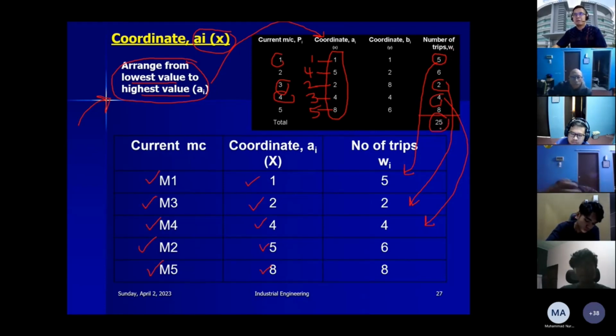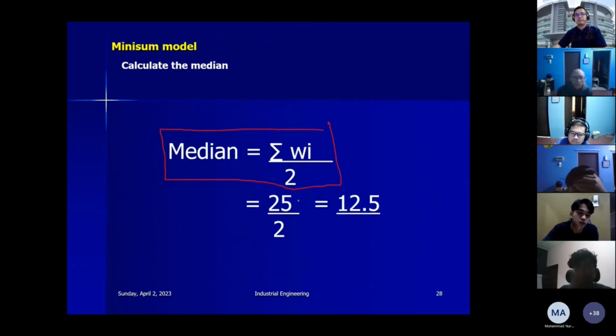So to calculate the total number of trips, 5 plus 6, plus 2, plus 4, plus 8, we get a total of 25. We put 25 here, divide by 2, and we get the median of 12.5. This is our base reference to determine the new X star and new Y star. Is this clear? Okay, clear.